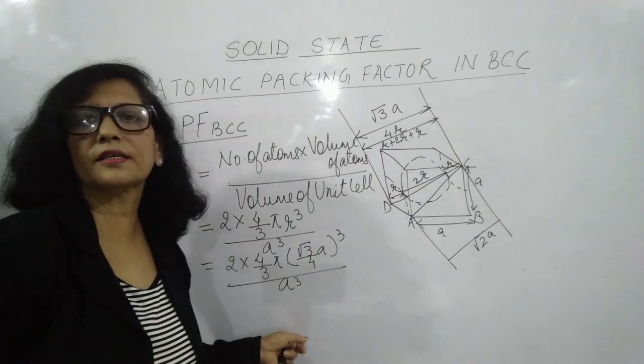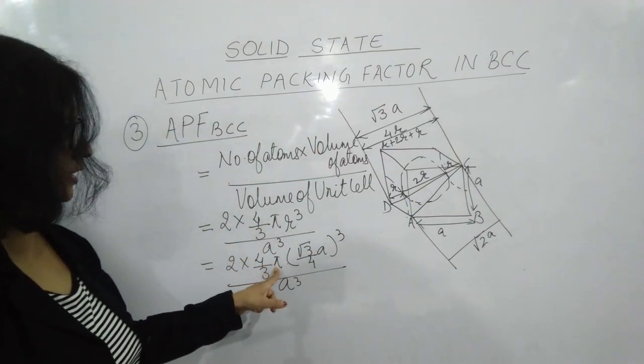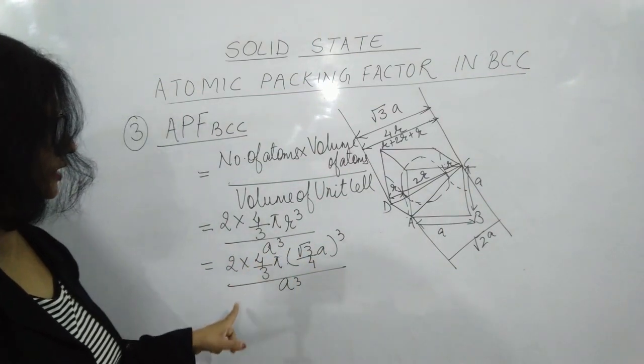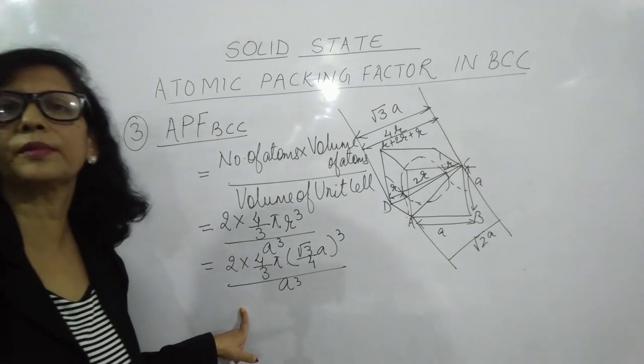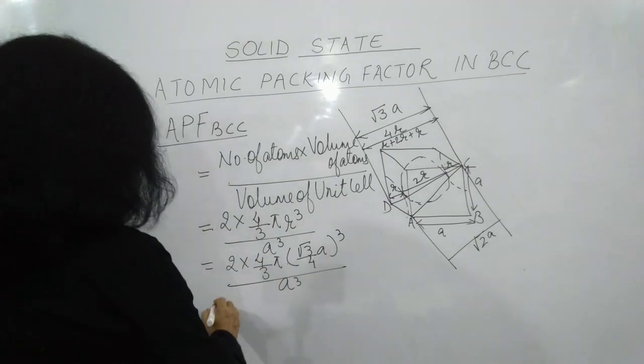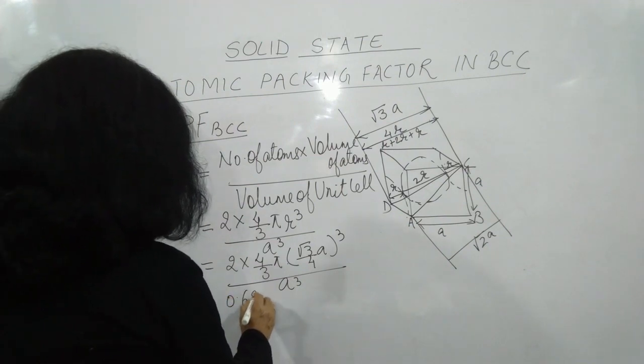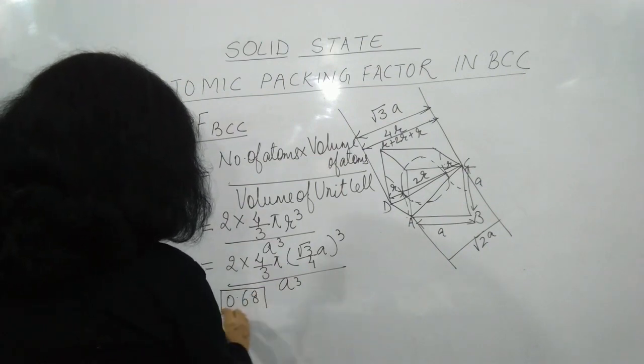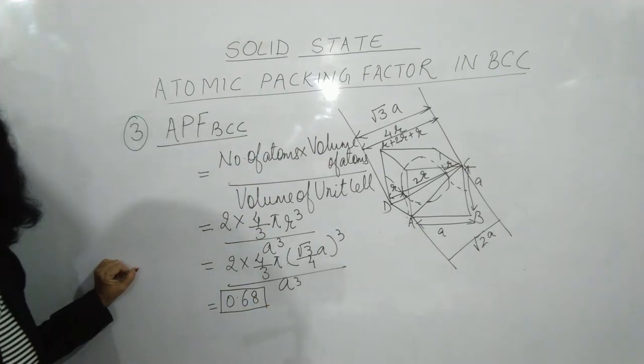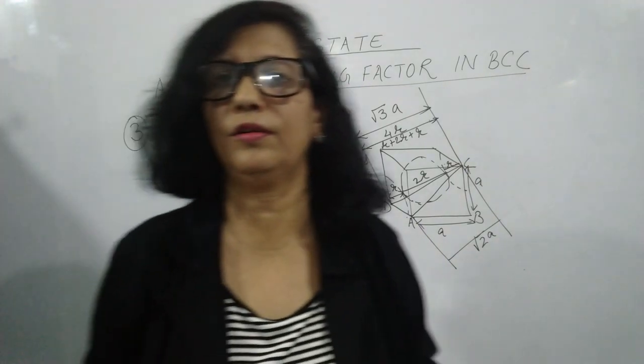After calculating this, you put the value of pi here, and after calculating this will be coming your 0.68. That is your atomic packing factor of body centered cubic unit cell.